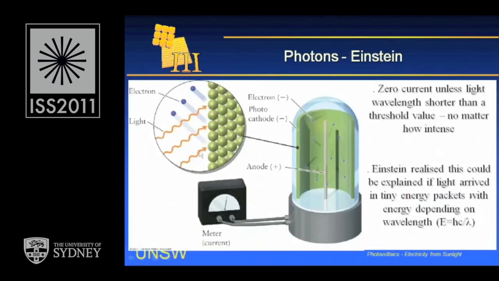So the light had this dual property of coming in little packets of energy. In some respects, it had to be a wave in some of its properties because Young had shown clearly that it was. But then in this type of interaction with matter, it had to be regarded as coming in little packets of energy that depend upon the wavelength.